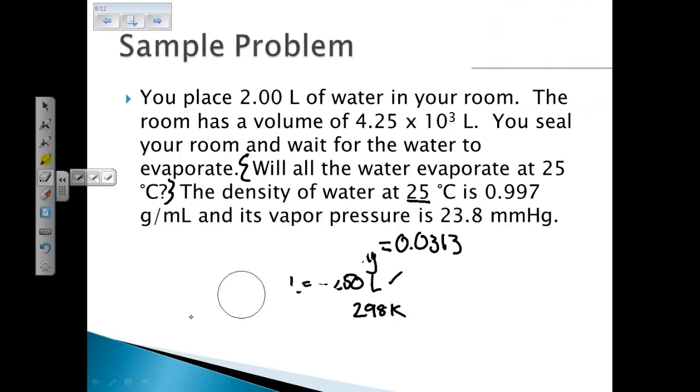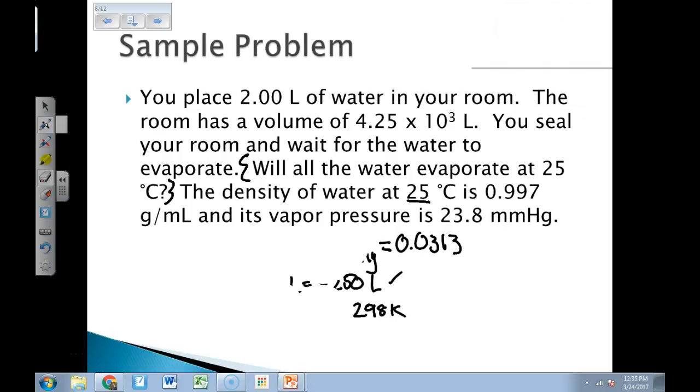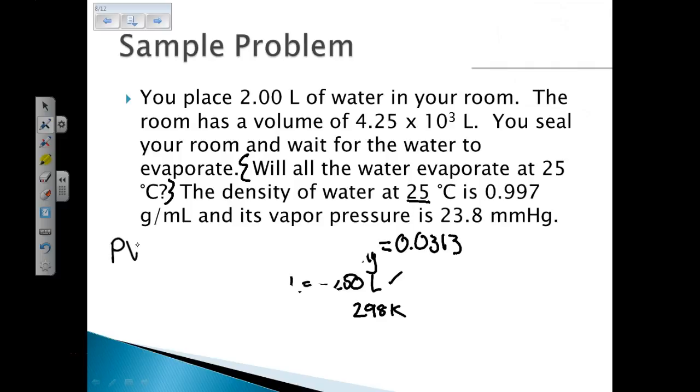Okay. So I already have it all figured out. So it's PV equals nRT. Our pressure is 0.0313. Our volume is 4,250. That equals N, which is what we're trying to solve for.